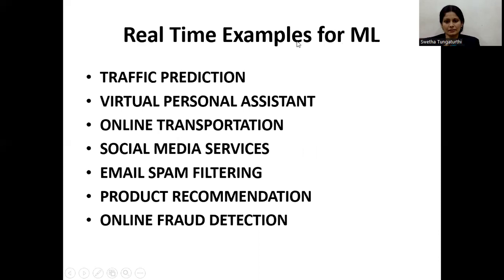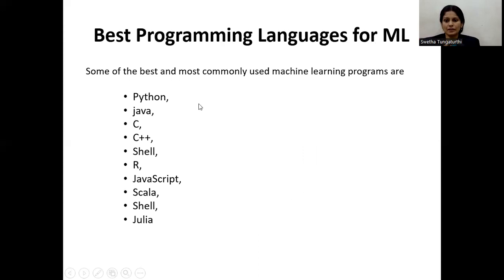These are real-time examples: traffic prediction, and similarly online transportation, with similar uses in real life. The best programming languages for machine learning are Python, Java, C, C++, Shell, R, and JavaScript. You can use any of these, but in most cases we will be using Python for machine learning, which is in high demand nowadays.